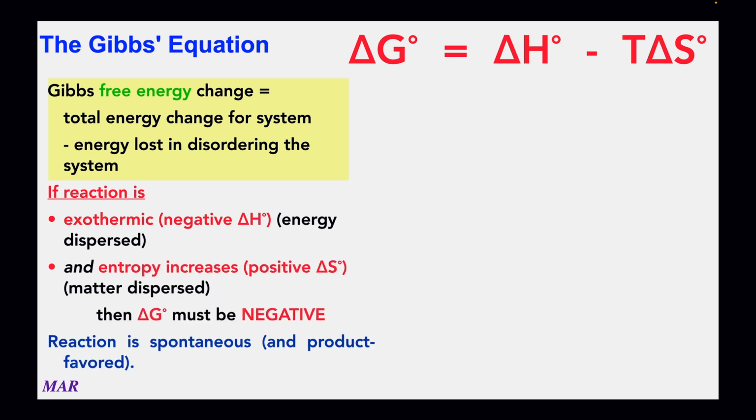But if you have an exothermic reaction with a negative delta H and an increase in entropy, a positive delta S, your delta G is going to be negative all the time, and negative delta G means that reaction is going to be spontaneous and product favored. So if you calculate a negative delta G, your reaction is going to happen. It's spontaneous.